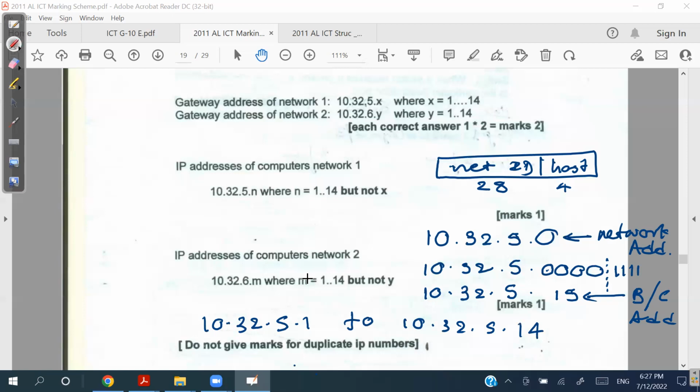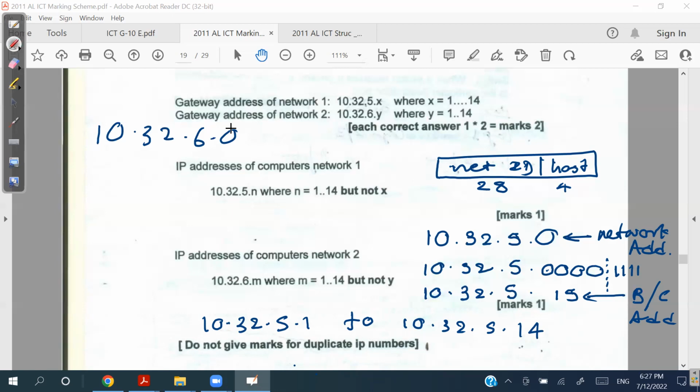So out of these 14 addresses, you are going to assign the addresses to the devices, right? The same kind of calculation is going to happen for the other network as well, which is 10.32.6.0. You can mention that, and again, they haven't asked you to show the calculations over here, so you can do this as rough work.